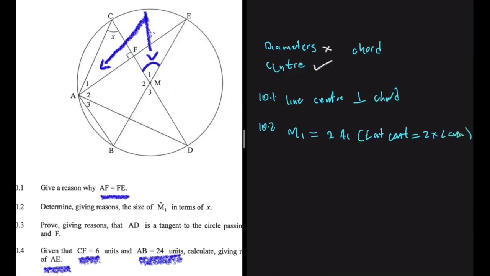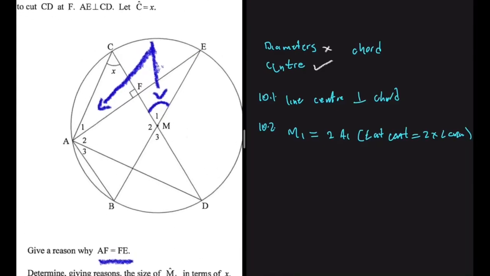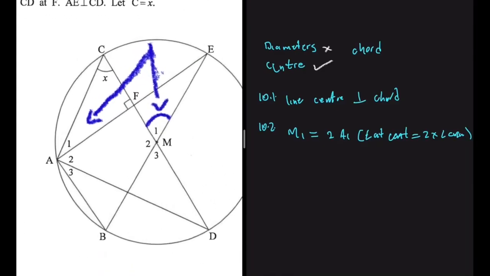That is 10.2. But we need M1 in terms of X, right? So if we find A1 in terms of X, then we have M1 in terms of X. So let me show you something. A1 is in triangle ACF, right? We have X here, as you can see, and here we have an angle of 90. So we can find the size of A1, right?